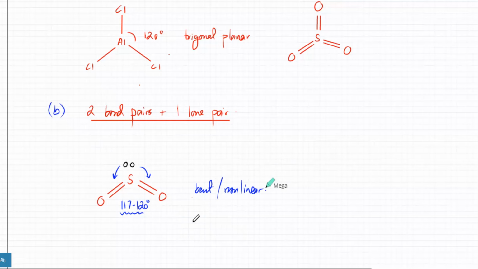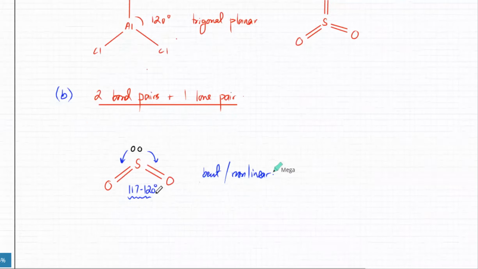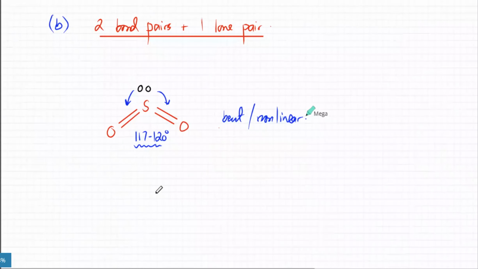So now coming to the question, I told you that lone pairs exert greater repulsion compared to these bonds. So why is that? The reason why this is true is that the bonded electrons, they get attracted by some other atom.